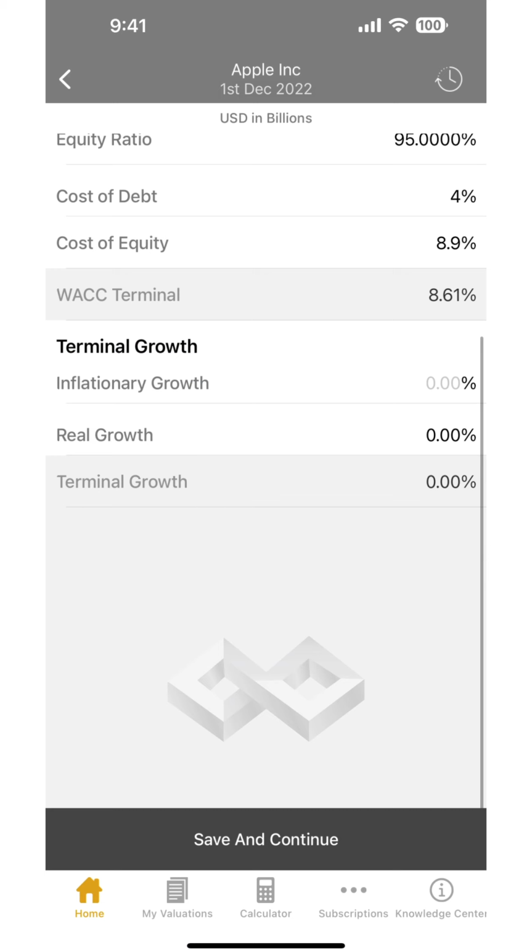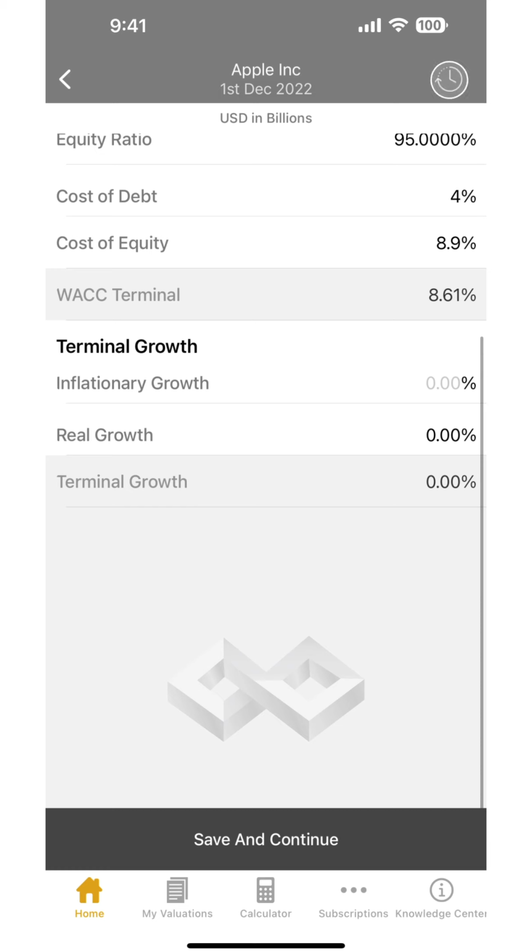Or, if you want the cash flows to remain constant, then enter 0 for both inflationary growth and real growth. The inflationary growth should be in line with the inflation rate assumed during the terminal period. This essentially is the pricing power of the company and its ability to keep up with inflation.